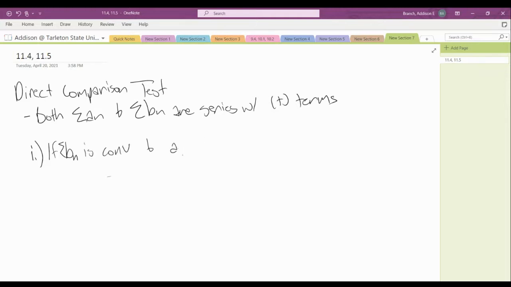and A is less than B for all n, then series A is also convergent.